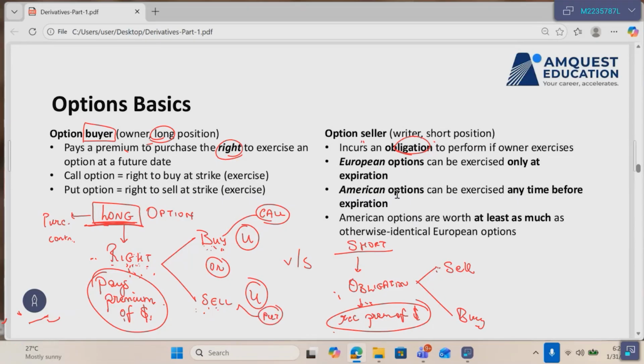So when I say someone has a long call, it means he has the right to buy. If I say he has a long put, it means he has the right to sell. Long means right, call means buy, and put means sell. Long call, long put: right to buy, right to sell. This is the contract.